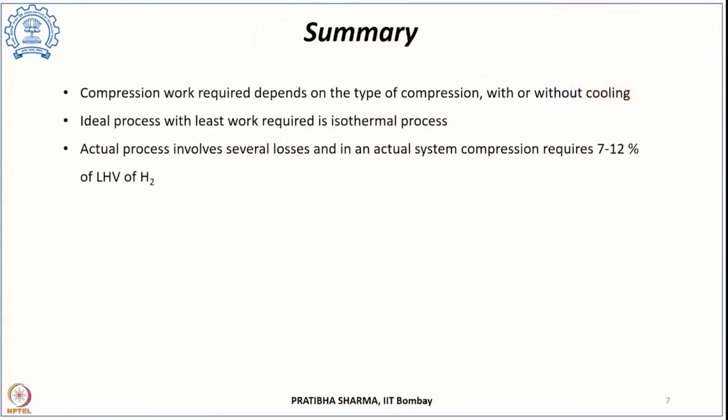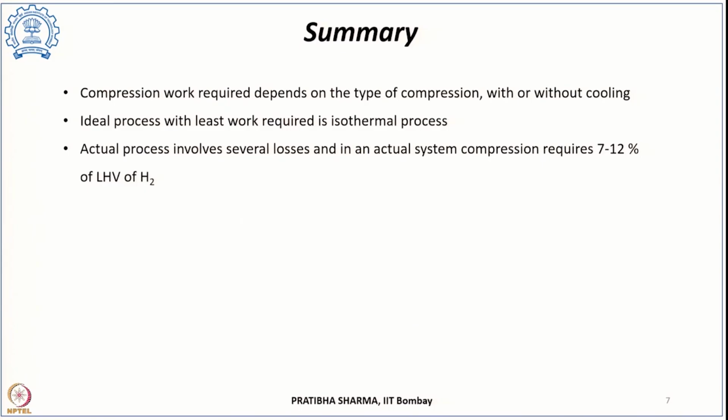To summarize this part, we have seen that the compression work depends upon which type of compression we are using, whether we are including cooling or not. Accordingly, the process can be either isothermal or isentropic. We know that the ideal process is when it is considered as an isothermal process, so the work required is least in that case.